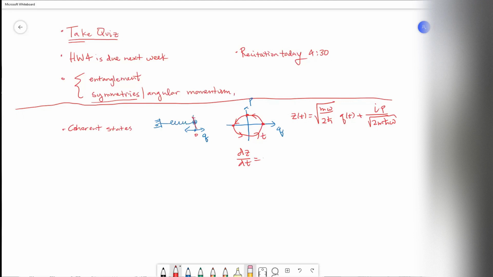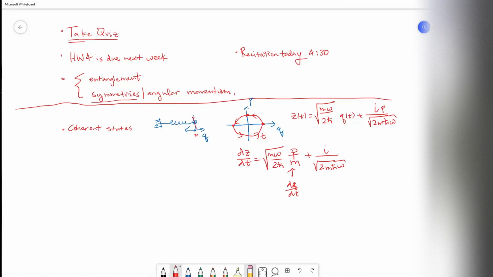So out here you would get dq/dt, and dq/dt is nothing but p over m. That's dq/dt. It's x dot, it's the velocity. Velocity is momentum divided by the mass. And then here you would get the square root of 2m h bar omega, and dp/dt is, of course, Newton's law.